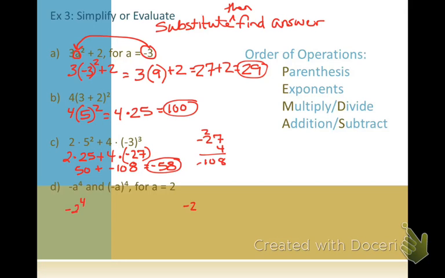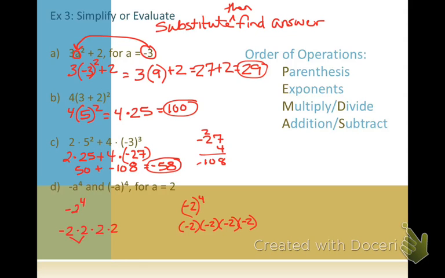Let's put negative 2 to the 4th over here. The first negative 2 to the 4th is saying negative 2 times 2 times 2 times 2. And the second negative 2 to the 4th is saying negative 2 times negative 2 times negative 2 times negative 2.